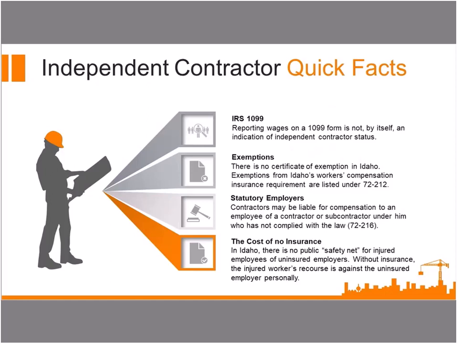Statutory employers, so if you are a general contractor and you subcontract a different business and they bring employees under them, they technically are the ones required to carry the work comp policy. However, if they don't have a policy in place and one of their employees gets injured, the claim itself moves up the chain.